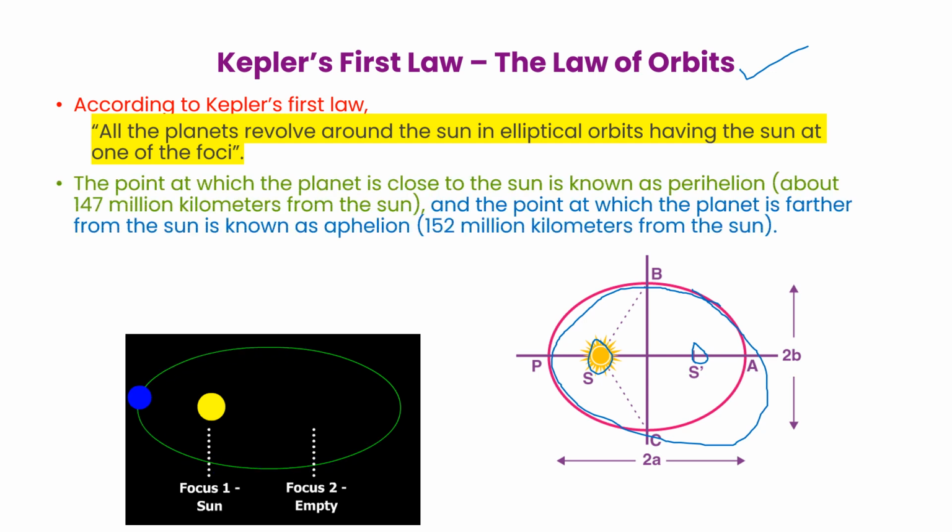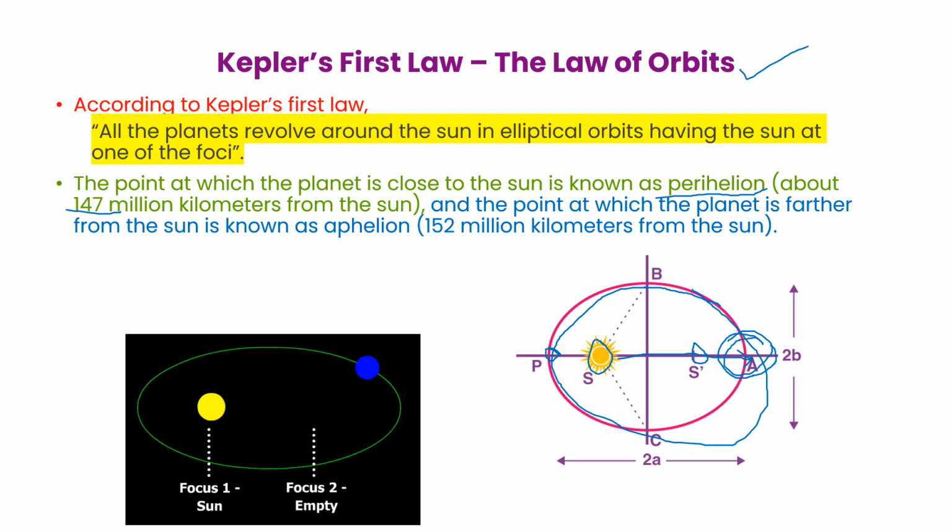Now next important point, students: the point at which the planet is close to the sun is known as the perihelion, and it is about 147 million kilometers from the sun. And the point at which the planet is farther, for example, I'm taking the second point over here. After some period of time, the planet is here.